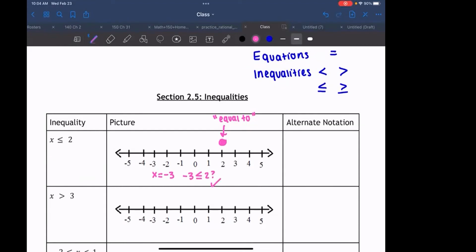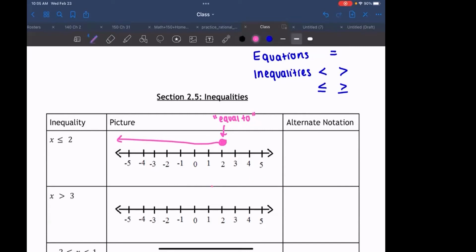But if I check any of the points on the right, like x equals 5, well, 5 is not less than or equal to 2. So it's definitely to the left. If you ever get confused, you can always plug in some points and see which way the line goes. I'm going to erase this so it looks a little bit nicer.